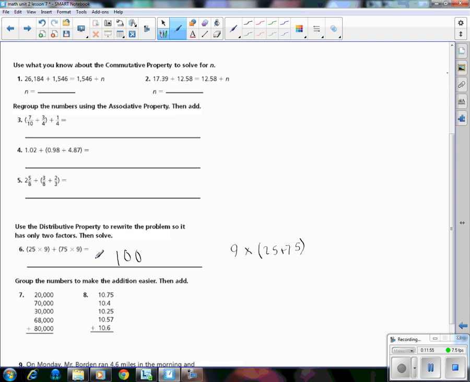So if you see, I just took both the numbers that are being multiplied by 9 separately and put them inside parentheses to add them together first. So that would give us 100. Over here we have 9 times 100. Can be done mentally, giving us a product, an answer of 900.